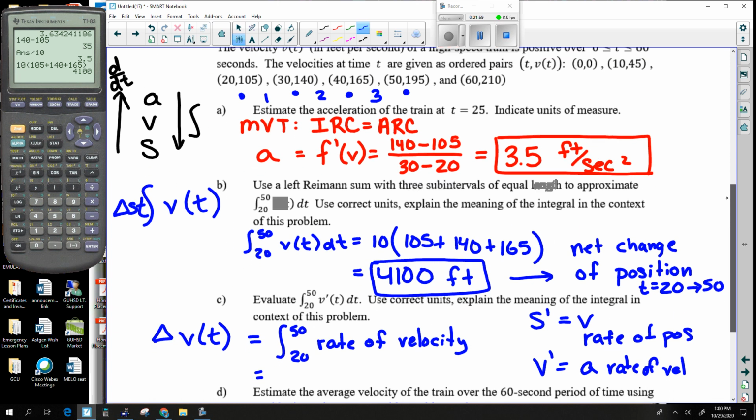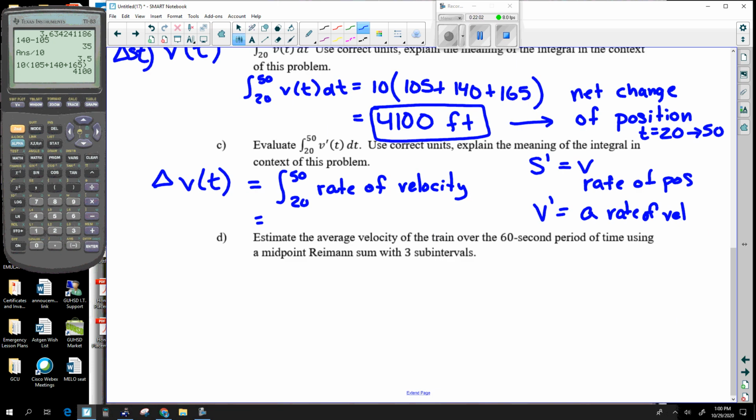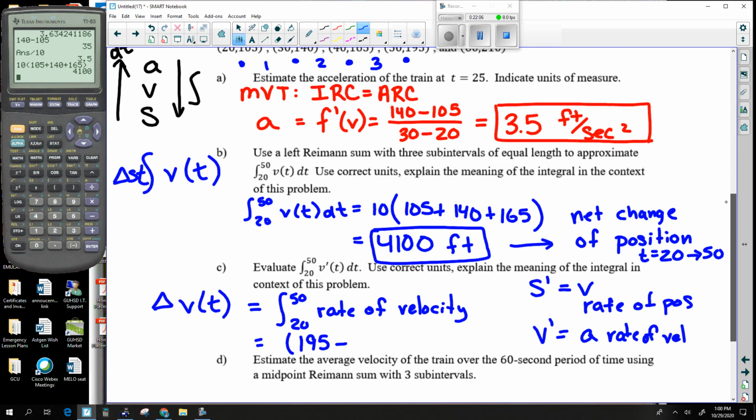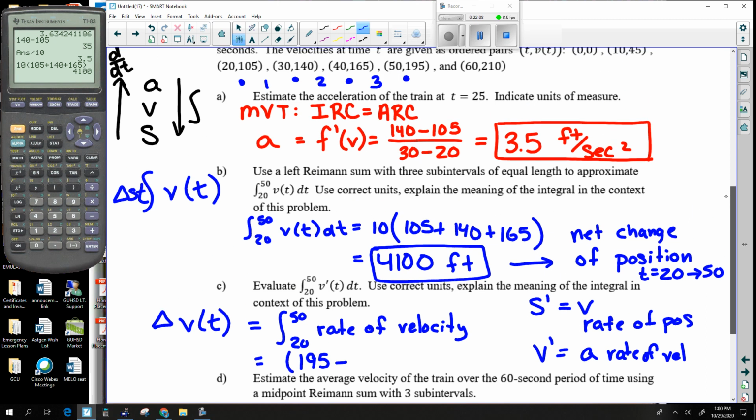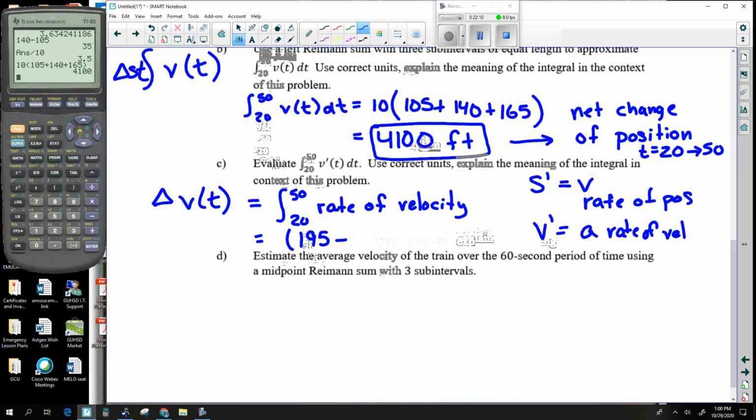So 50 has a value of 195, and 20 has a value of 105. And so that is 90.